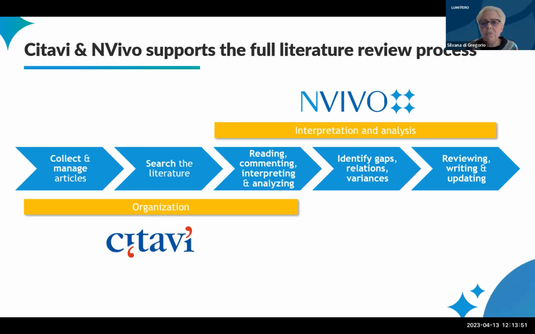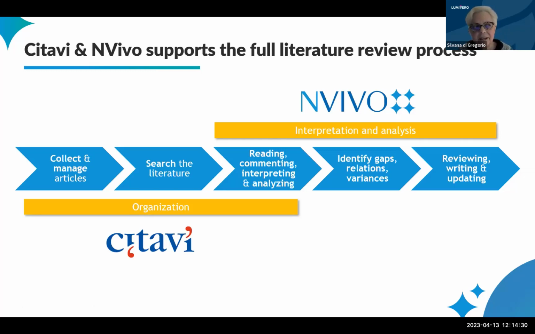And then when you move it into NVivo, you can use NVivo's tools to interpret more deeply, to look at patterns in the literature, and also if you have your empirical data in NVivo, obviously you can cross compare what you found in the literature with what you found in your own explorations, your own study. And then you can again put it all together in Word. So that's how together they really complement each other.